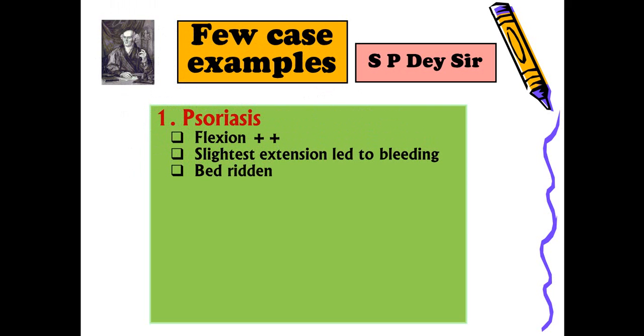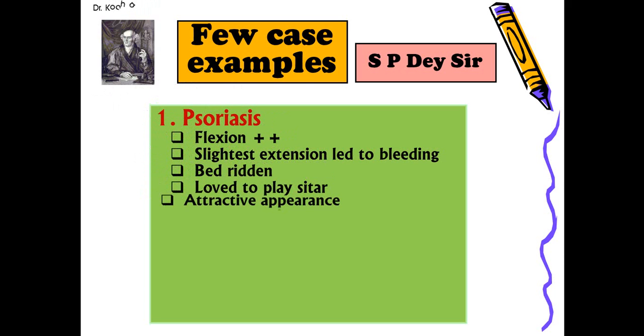First is the case of psoriasis, where the patient had psoriasis, joints were affected, and because of the psoriatic eruptions, flexion of the joints had taken place. Joints were flexed, so much so that the slightest extension was leading to bleeding, and the patient was bedridden. In such a bad state the patient was.